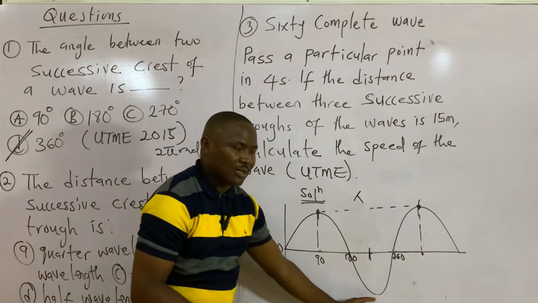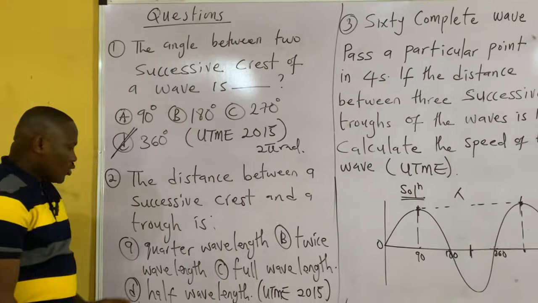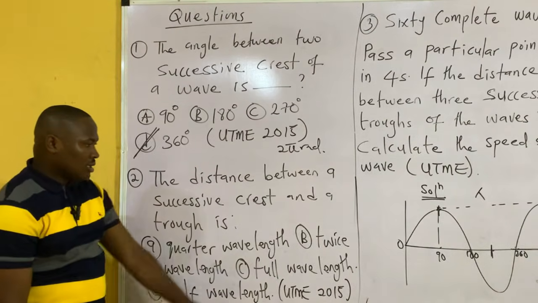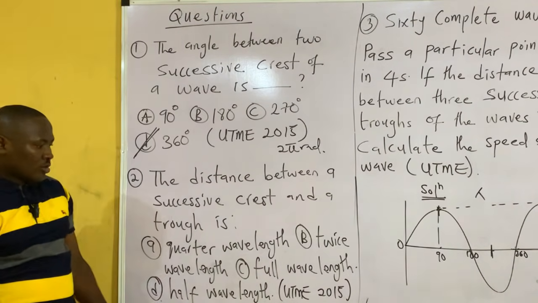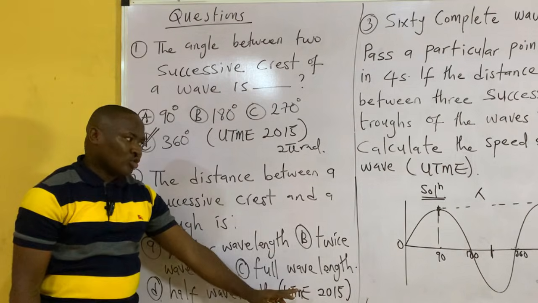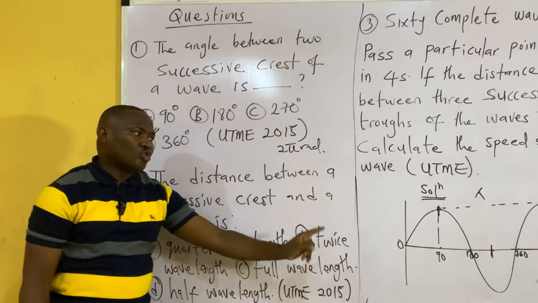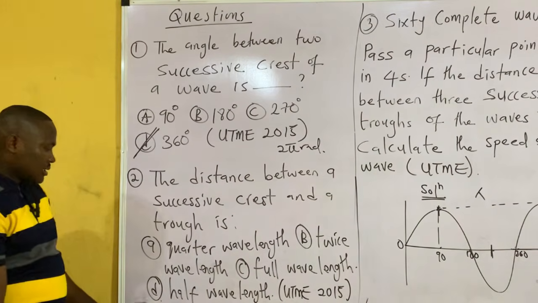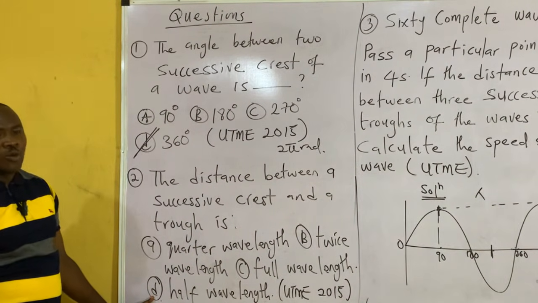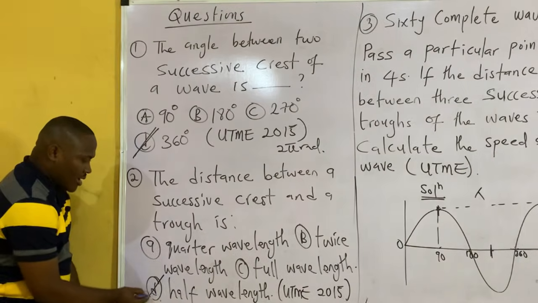That's half lambda. So quarter wavelength is not correct, twice the wavelength not correct, full wavelength no. Full wavelength will be either crest to crest or trough to trough, but the last option says half a wavelength, so it's half a wavelength.